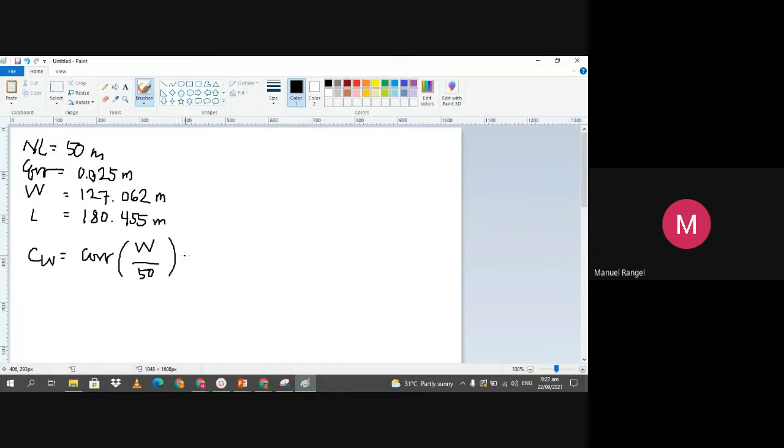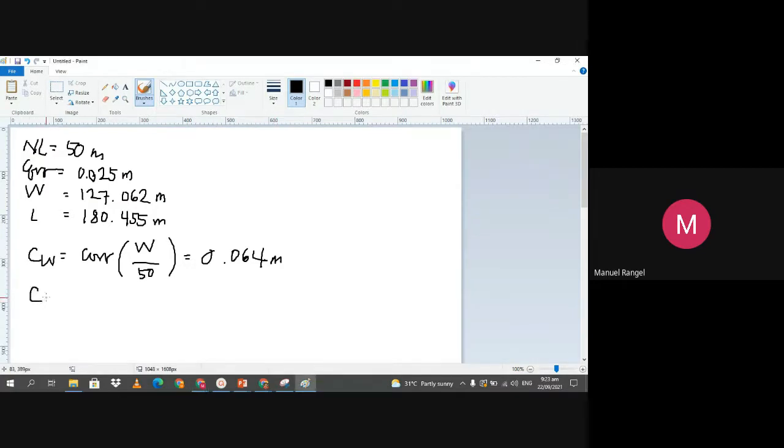That would give us a value of 0.064 meters. So that would be the correction to be applied to the width.